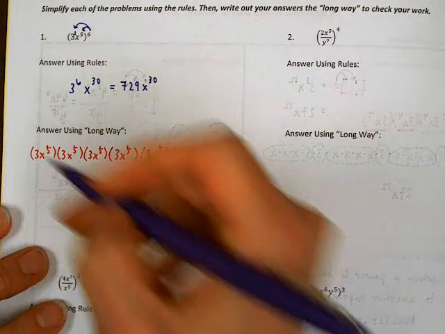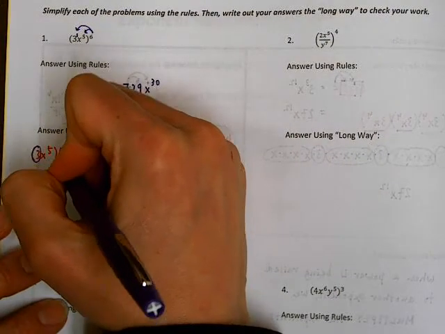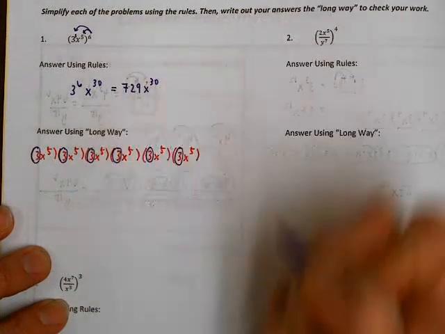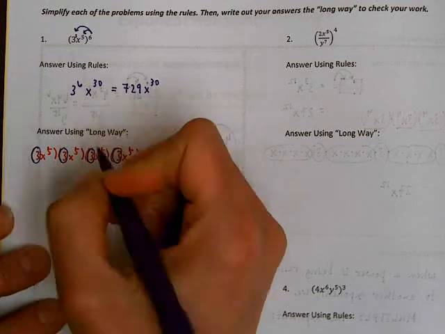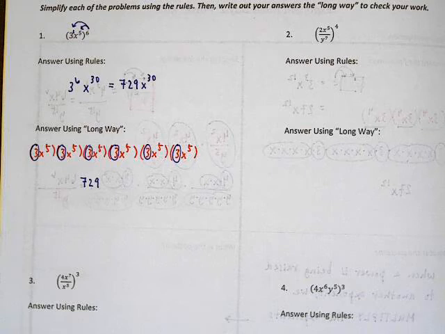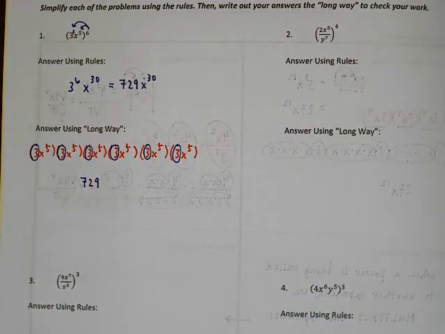We would start by multiplying all our constants. So 3 times 3 times 3 times 3 times 3 times 3 is going to give us 729.